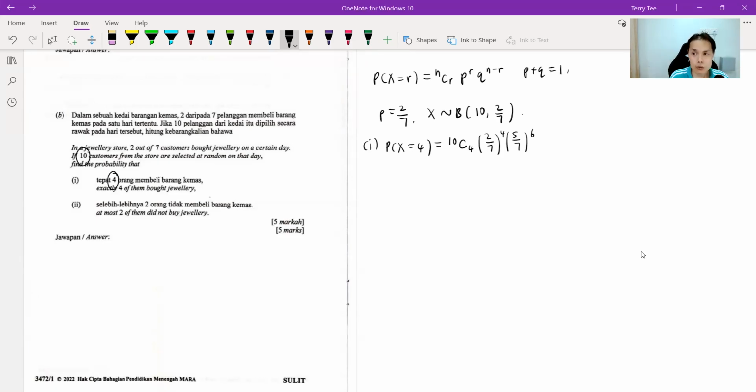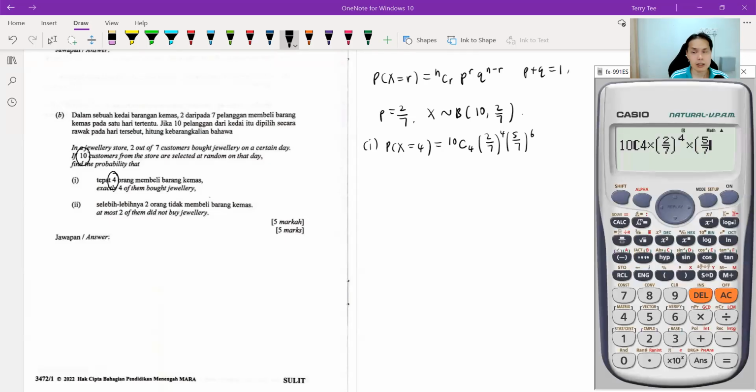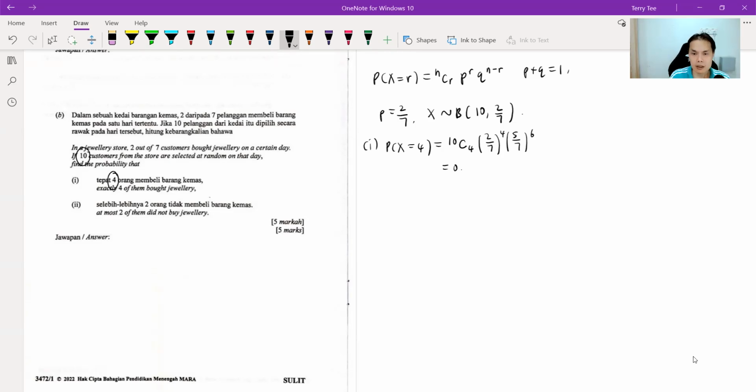If your p is 2 over 7, your q is 1 minus 2 over 7, which is 5 over 7. p stands for probability of success. q stands for probability of failure, right? And remember, in binomial, there are only 2 possibilities, either success or failure. Either they buy the jewelry or they didn't. So this one is power 6. My answer is 0.1859.